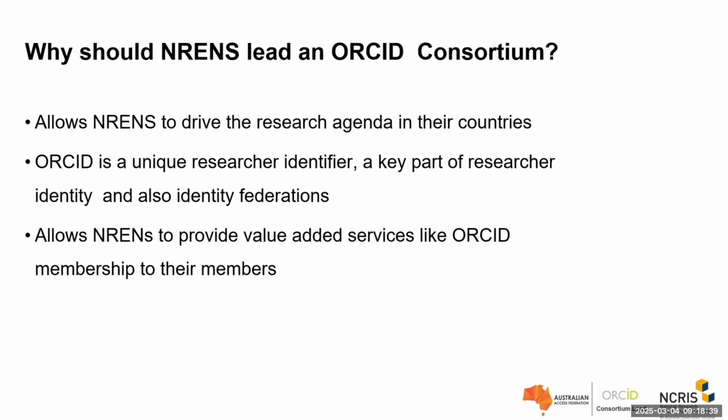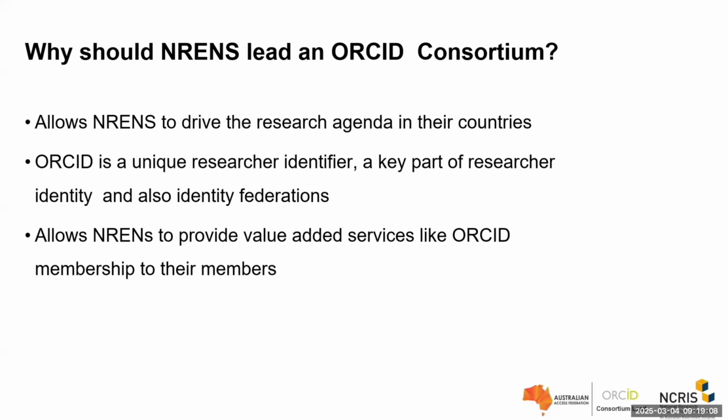So why should NRENs lead an ORCID consortium? I already explained some of the benefits in my previous slide. It will allow NRENs to drive the research agenda in your country. If you run your own consortium, you can add more value-added services for your members, because ORCID is a unique research identifier and also a key part of identity and federation.